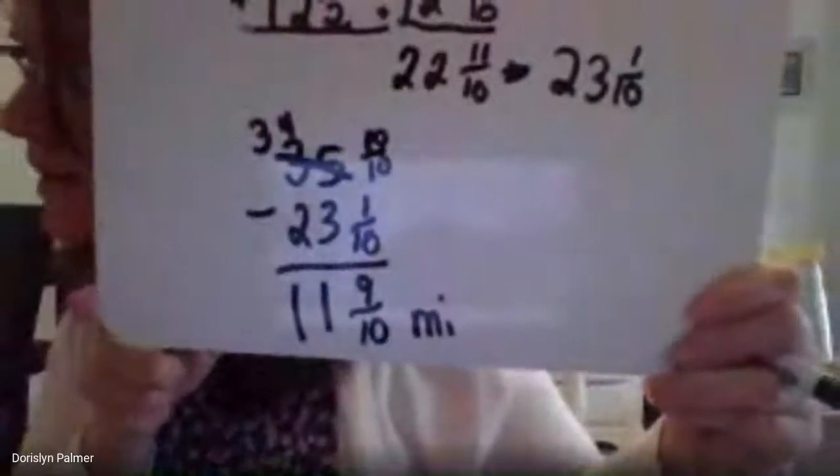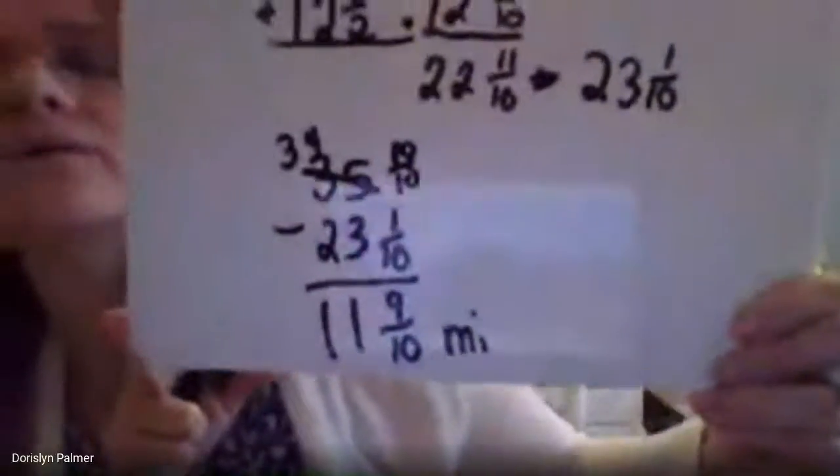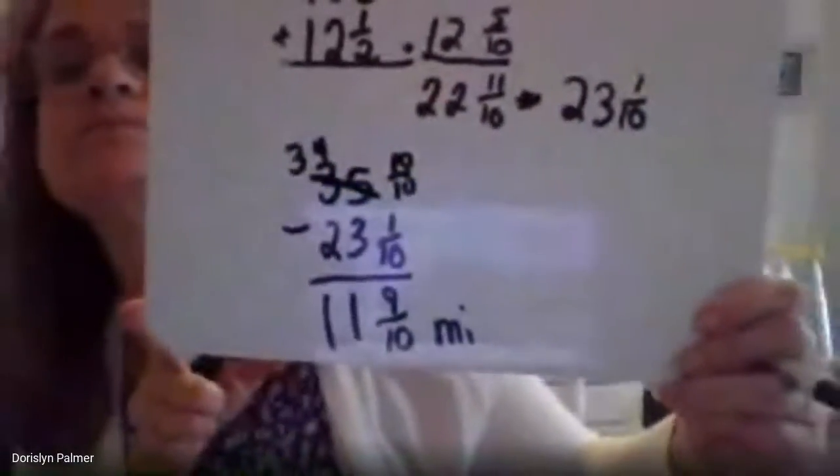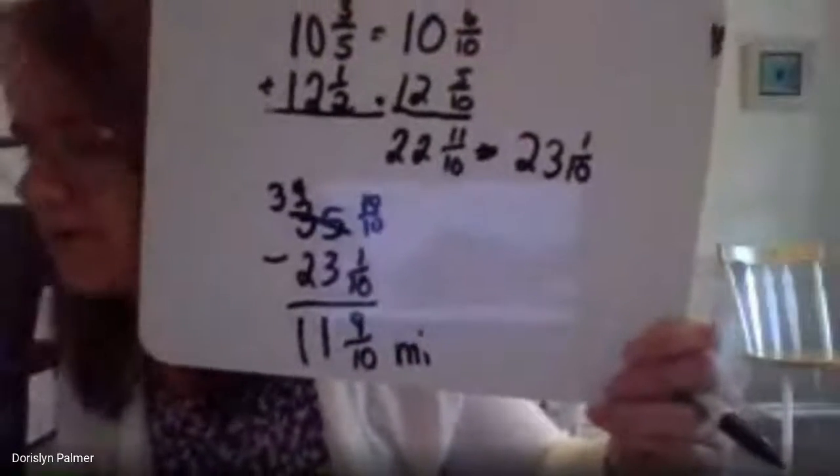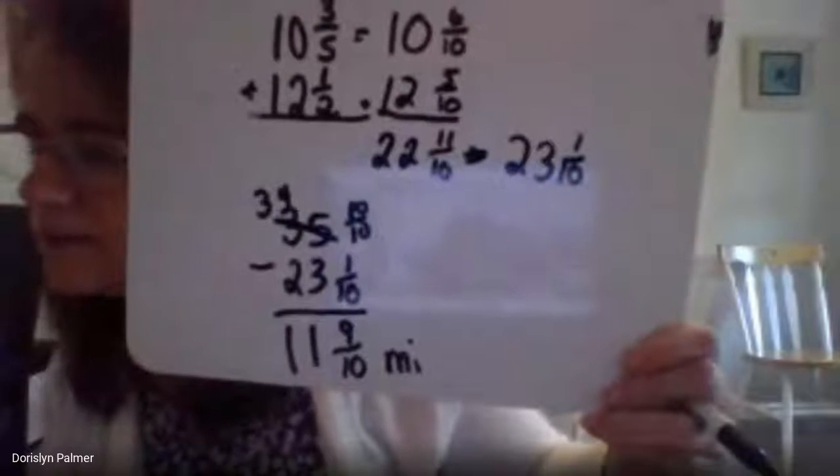Now 10/10 minus 1/10 is 9/10, and 34 minus 23 is 11. So I'm getting 11 and 9/10 miles. I think that's the same as you, Irfan. Yeah, that's what I got. All right, so Bernadette, look through there and see if you can find your mistake with that one.